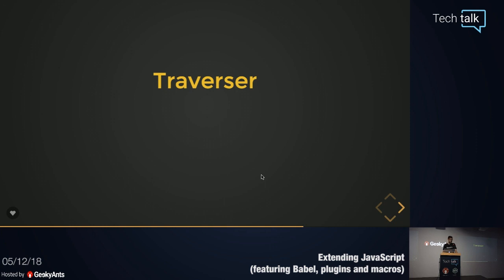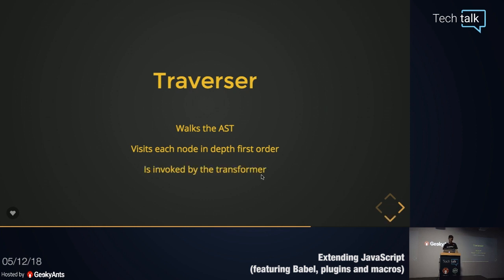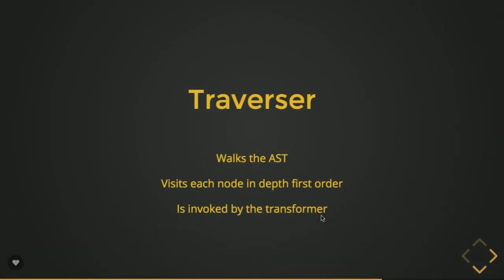There's a couple of other terms that we need to know. The traverser, which is this thing that's fed to the transformer, which walks the AST. What that means is it goes through the AST in depth first order, and it is invoked by the transformer, which ends up making the traverser walk the AST.